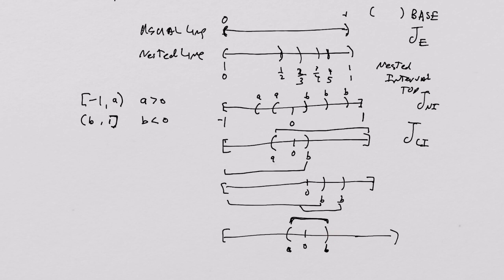It's open because it doesn't include its endpoint. But the more relevant point about it being open is it is the intersection of two members of the base. The definition of a base is that all of its intersections will be open sets. The definition of open sets is that all their unions and their intersections are going to be open sets.